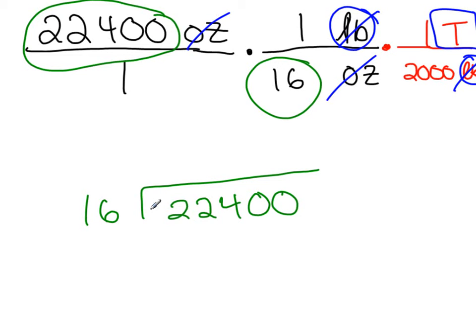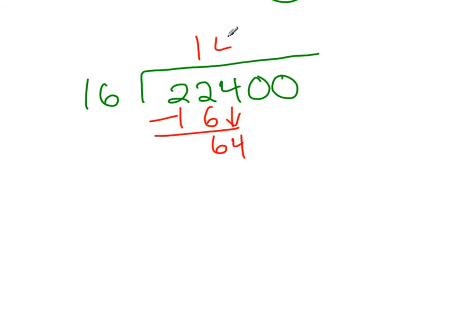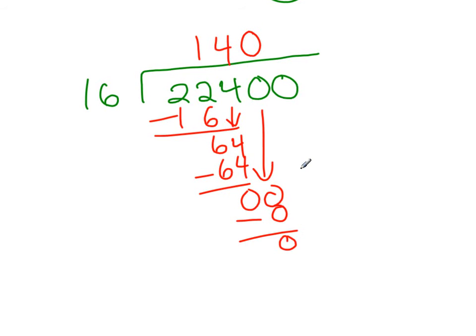So 16 is going into this lovely number. 16 can go into 22 once. Subtract. We got 6. Bring down the 4. 16 times 4 is exactly 64. Subtract. Nothing left. And I'm going to go ahead and cheat real quick. Remember, we'll bring down the next digit, 0. Subtract. Bring down the next digit, 0.